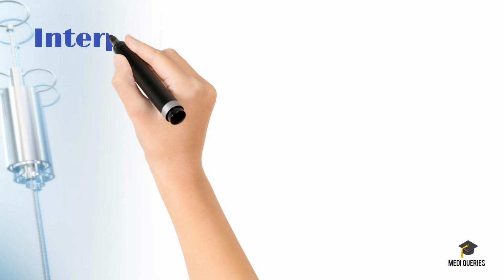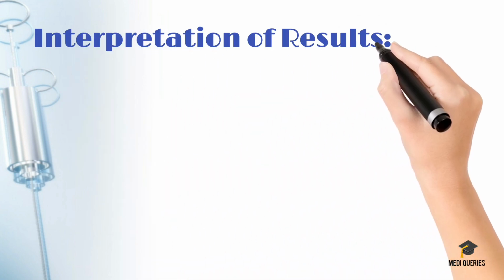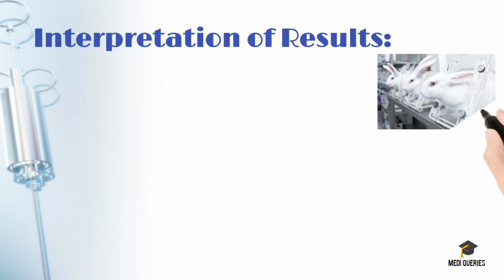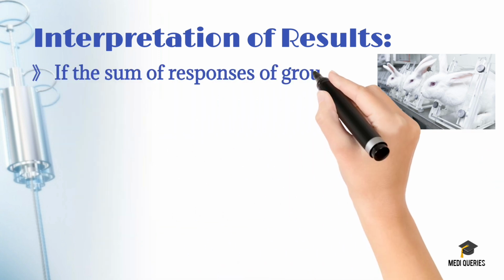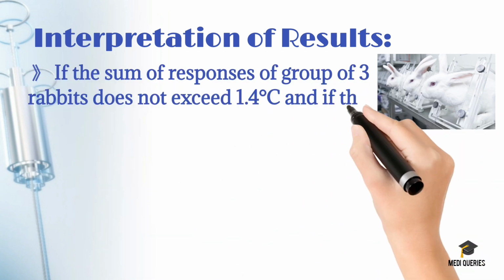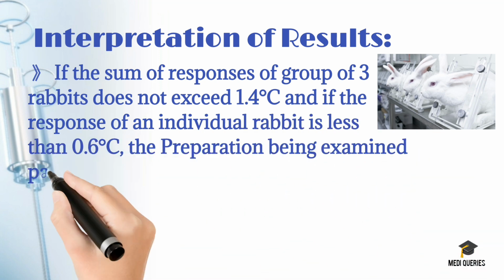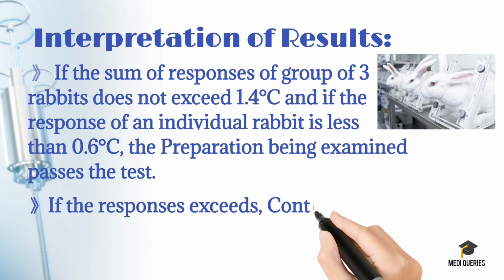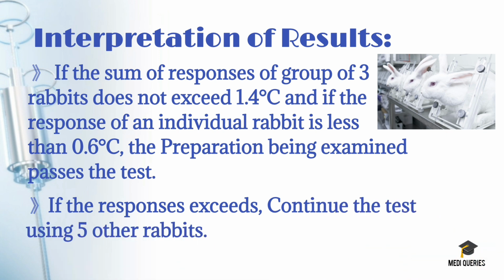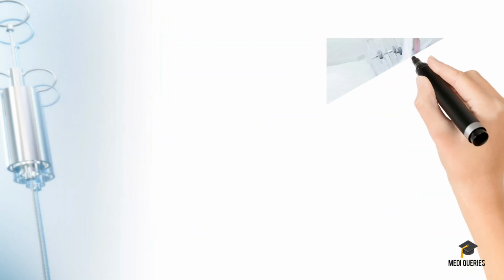Next is interpretation of the results. If the sum of the responses of the group of 3 rabbits does not exceed 1.4 degrees centigrade, and if the response of an individual rabbit is less than 0.6 degrees centigrade, the preparation being examined passes the test. If the response of any rabbit is 0.6 degrees centigrade or more, or if the sum of the responses of the 3 rabbits exceeds 1.4 degrees, continue the test using 5 other rabbits.